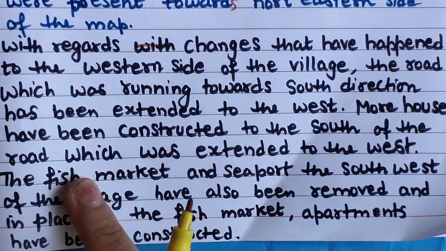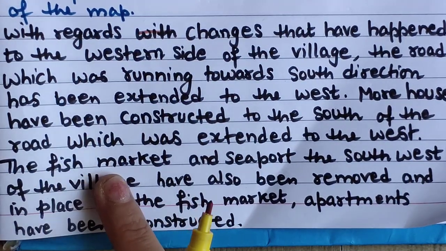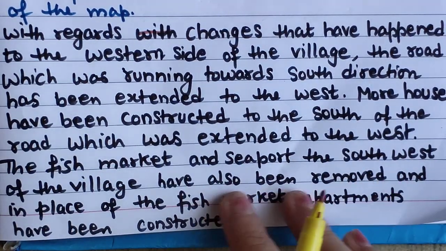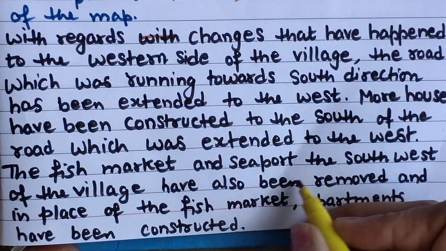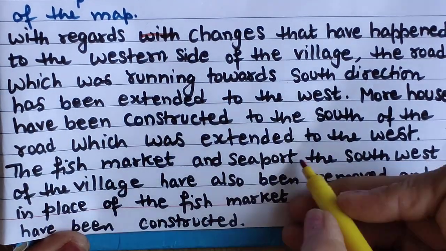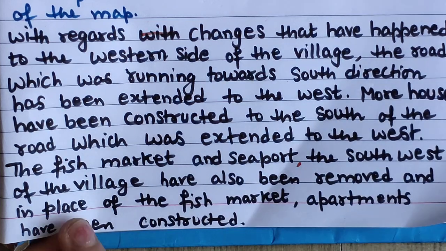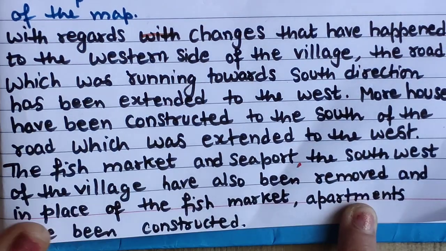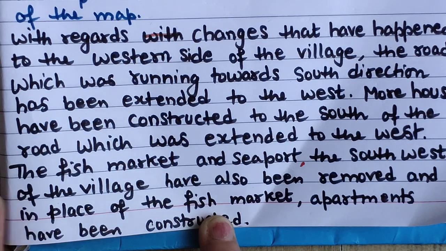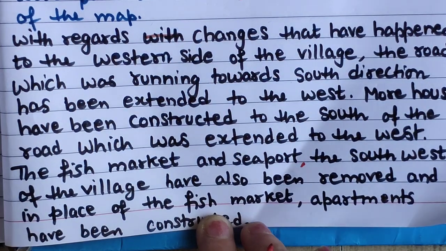Next, the fish market and seaport in the southwest of the village have also been removed, and in place of the fish market, apartments have been constructed. I will show you this change.